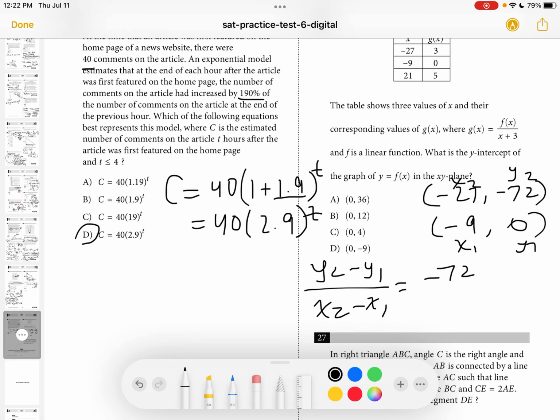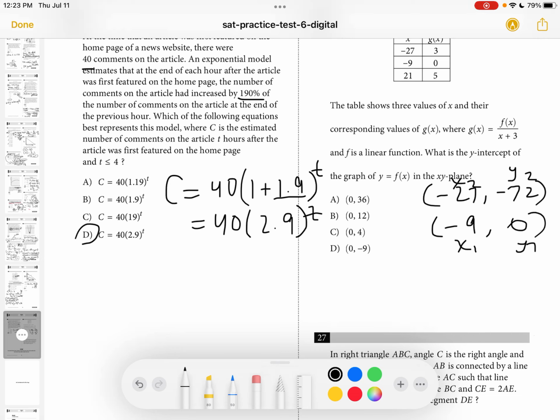So this will be equal to negative 72 minus 0 over negative 27 minus negative 9. And this part will be equal to negative 72 over negative 18, which is 4. So our slope is 4.